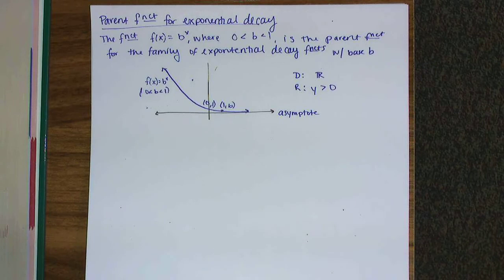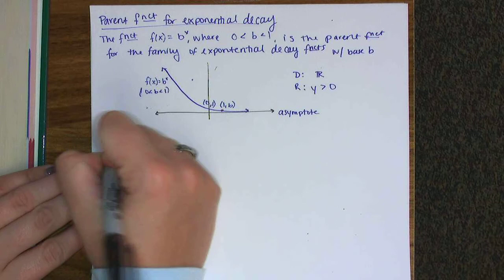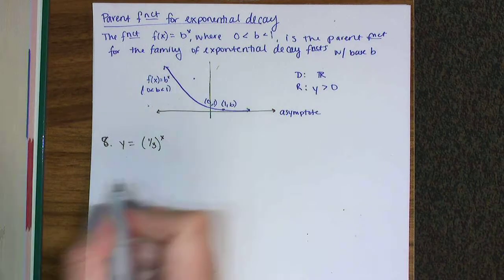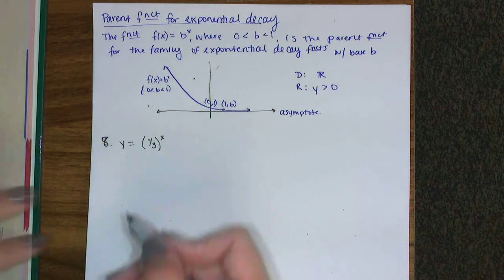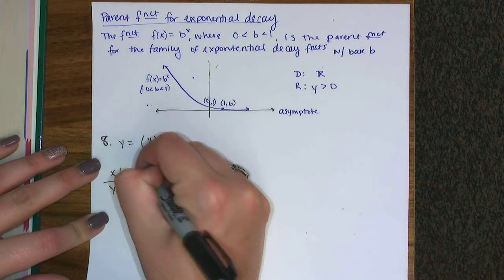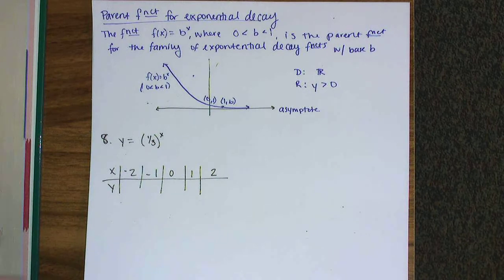So again, in this case, we're going to make our xy table. Same points, -2, -1, 0, 1, and 2. So when I plug in -2, I get 1/3 raised to the -2. Well, I should recognize that this negative flips my fraction, giving me 3 raised to the 2, which is 9. So that value is 9.